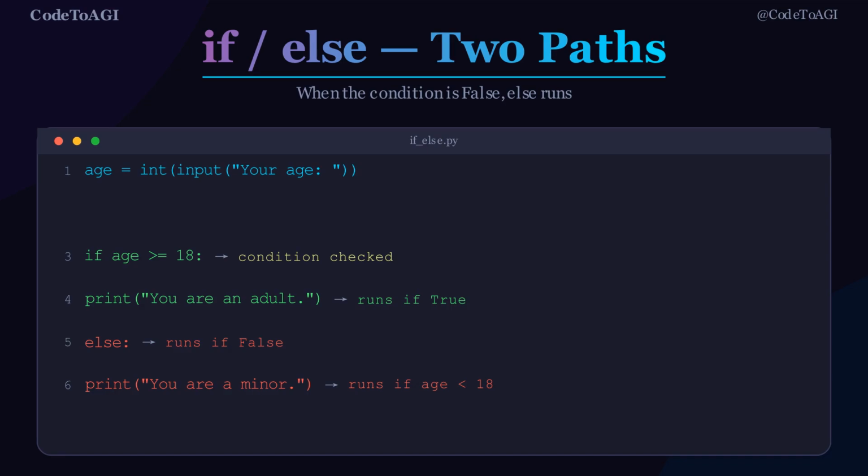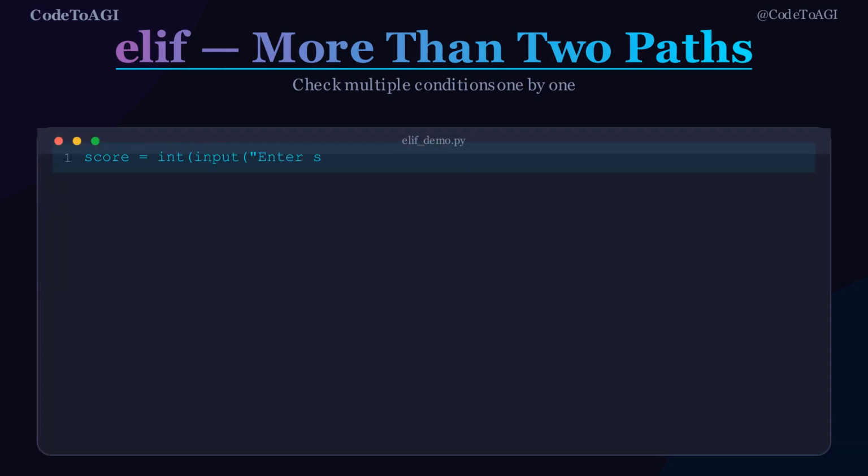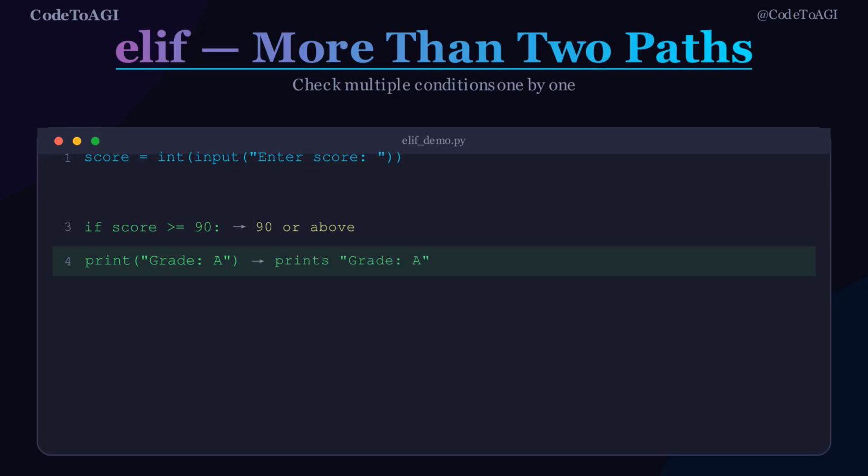That is real programming. But what if you need more than 2 options? That is where elif comes in. Elif stands for else if. You can chain as many elif blocks as you need. Python checks them one by one from top to bottom. The moment it finds one that is true, it runs that block and stops. If none are true, the else block runs. Look at the grade example.